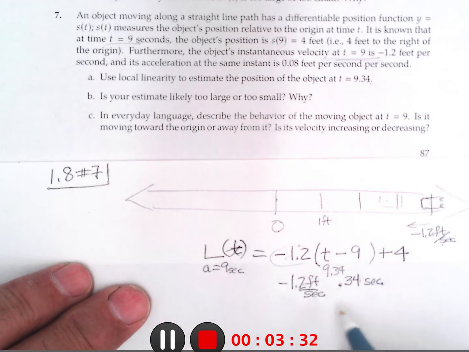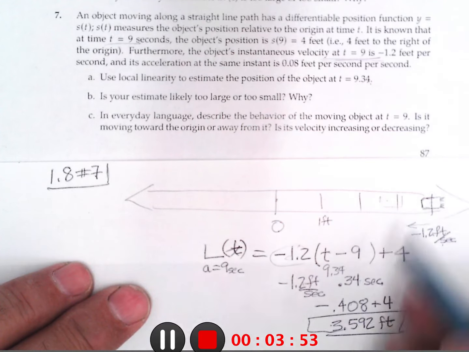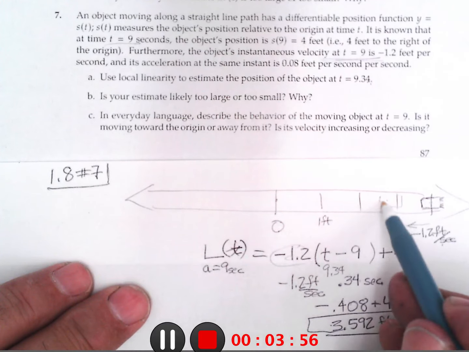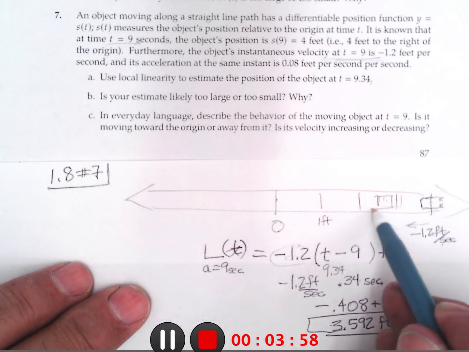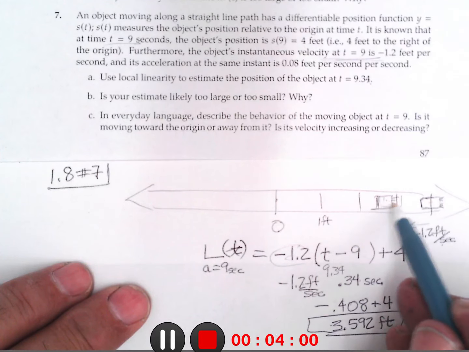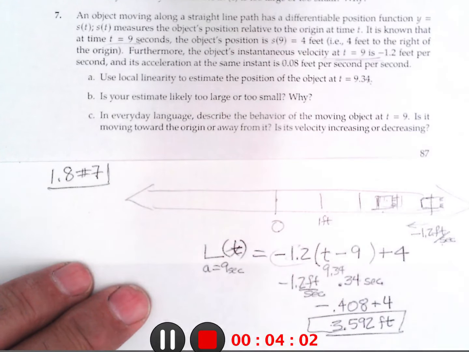Adding negative 0.408 onto the 4 feet it was already out, it would have been at 3.592 feet, somewhere in here. Like I said, it would be moving backwards. That's if it stayed at the same speed.